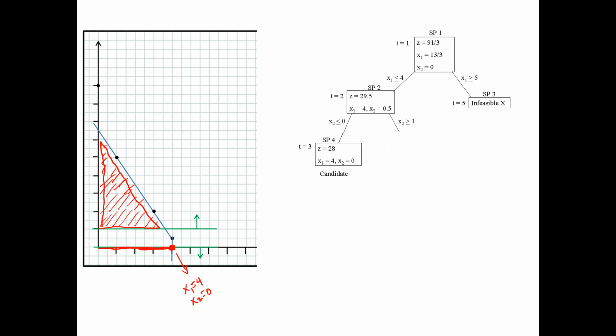If we find the solution for the other subproblem, again using the isoprofit line, the optimal solution will happen here, the last point touched by that line. That solution is x1 equals 11 over 3, x2 equals 1. At this point, we notice that we are not done, right? This is a fractional value.